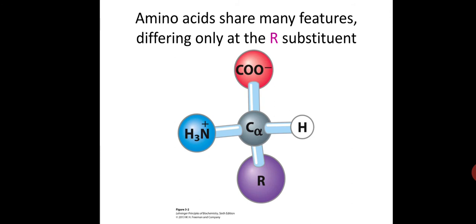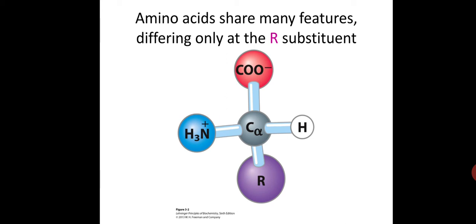H will always be there, as I told you earlier in the class, and R will be the side chain. This side chain is different in all 20 amino acids. This is the basic modular structure of amino acids.